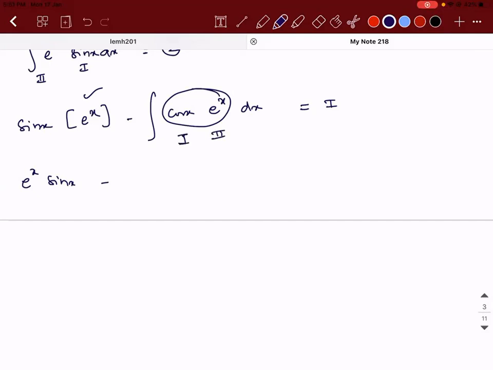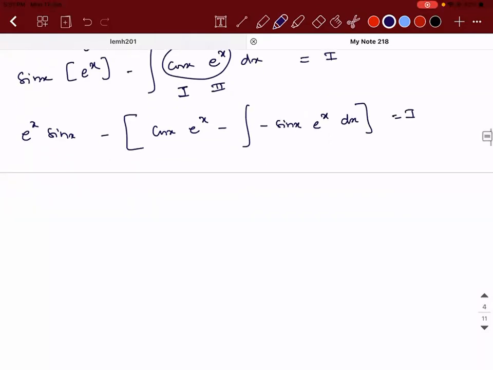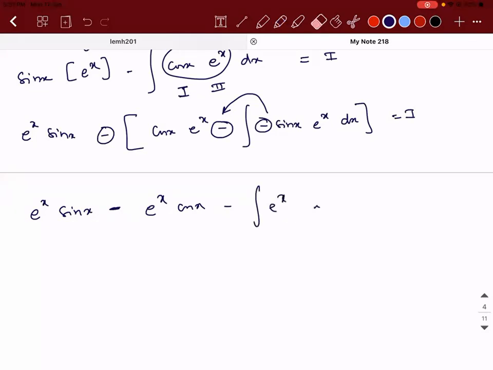So again, write the first function as it is into integral of second function, minus integral of derivative of first function into integral of second function dx, is equal to I. If I push the minus sign outside, e power x sin x minus e power x cos x, minus into minus into minus is a minus, of integral of e power x into sin x dx, which I call I. If there is any doubt, get it clarified.